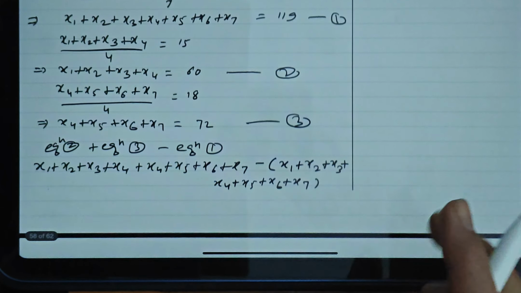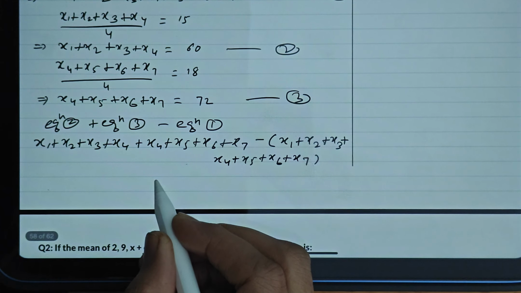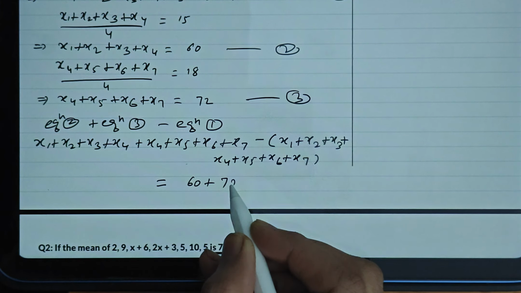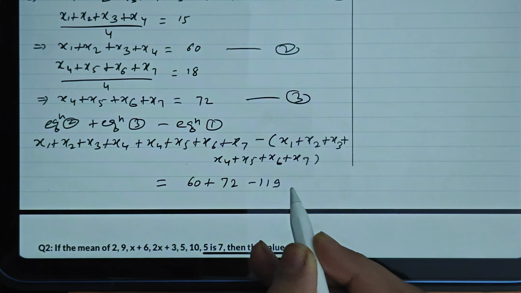And the whole will give you 60 plus 72 minus 119.